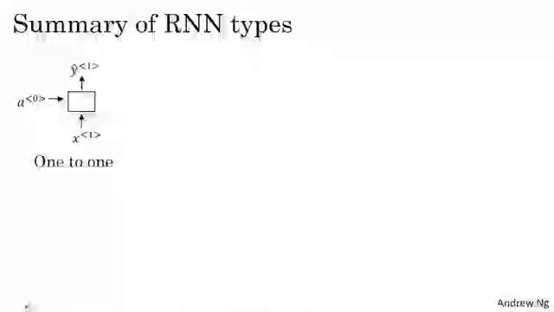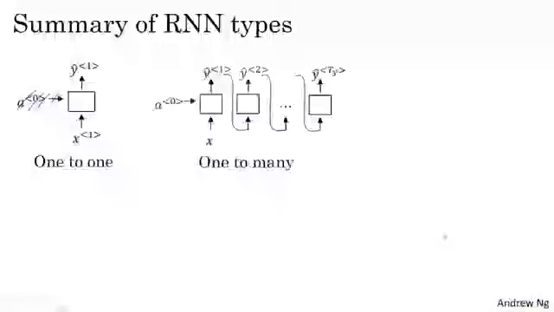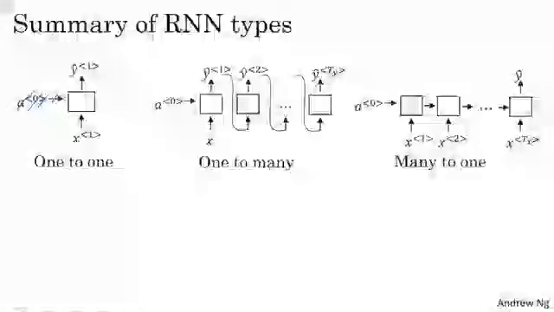So to summarize the wide range of RNN architectures, there is one-to-one. Although if it's one-to-one, we could just get rid of this, and this is just a standard generic neural network. Really don't need an RNN for this. But there is one-to-many. So this was music generation or sequence generation as an example. And then there's many-to-one.